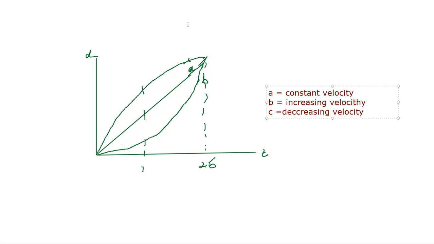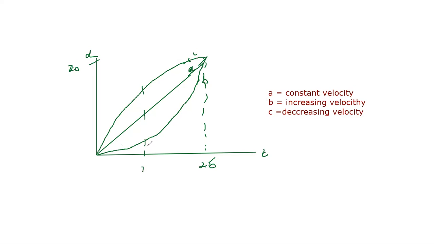Initially car C covered more distance than the other two cars, because initially the velocity was greater, but eventually the velocity reduced, and after 2.5 hours all three cars covered the same distance. Let's call that distance 20 miles.